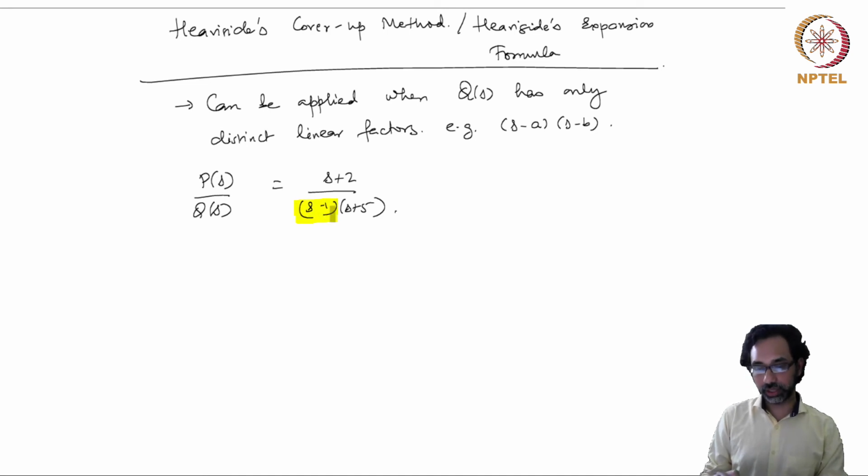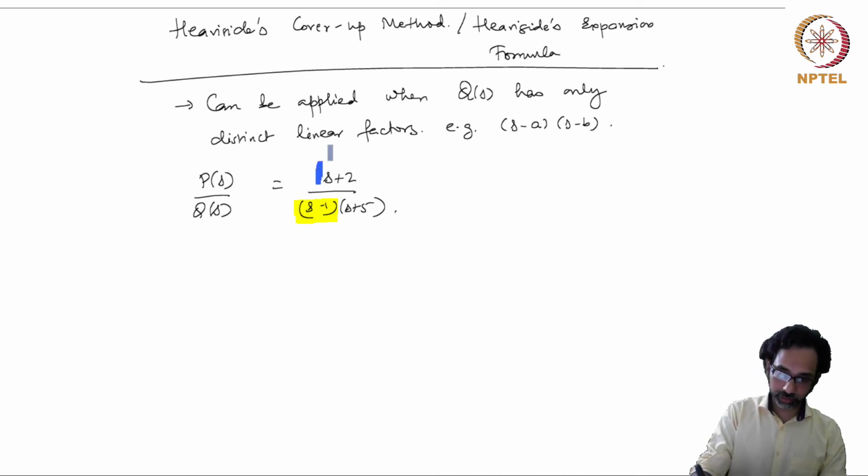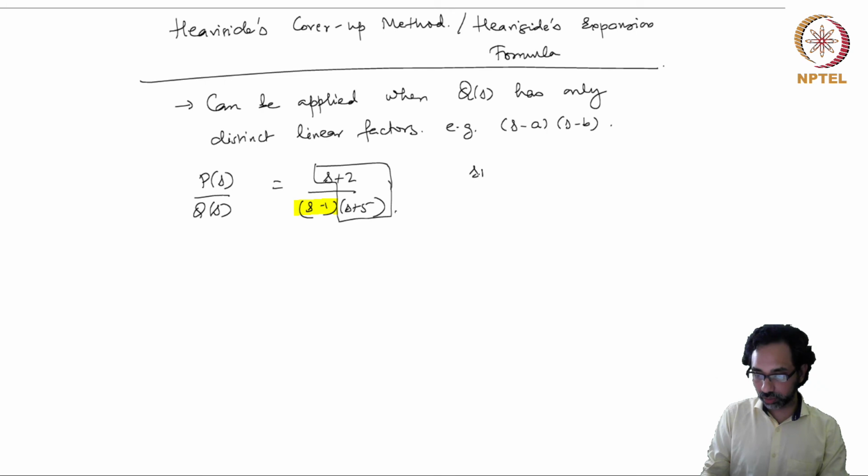We have covered this linear factor, and what we get is the function s plus 2 over s plus 5, and we simply take the limit as s goes to 1 of this new function.